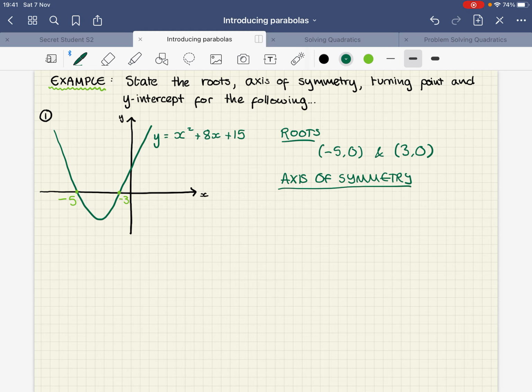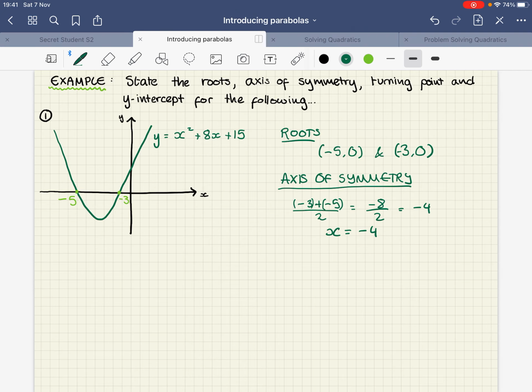Axis of symmetry, I want to find the x value that is in between. Oh, I just realised that should be -3 for the other root. I want to find the value that is in between -5 and -3. If need be, if you're struggling to think how to find the value in the middle, add them up and then divide it by 2. So -3 add to -5 is -8. Divided by 2 gives me -4. So my axis of symmetry is going to be x equals -4.